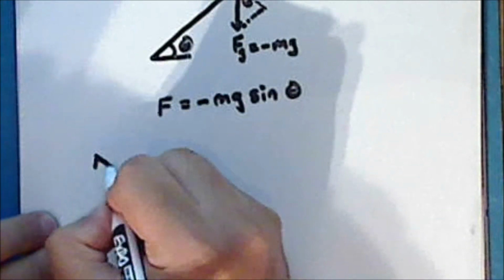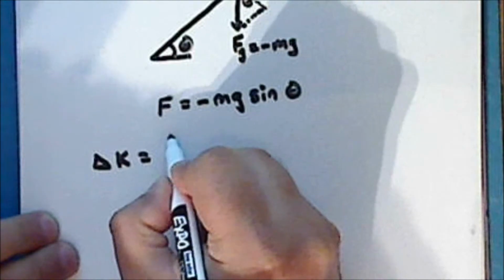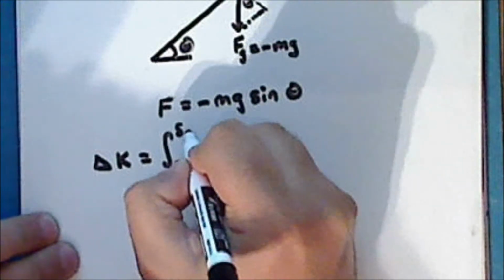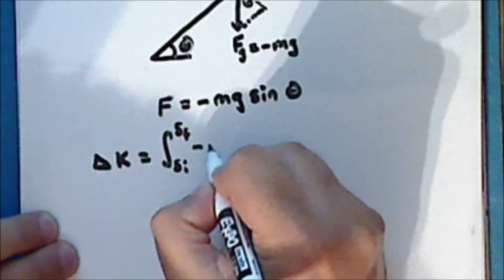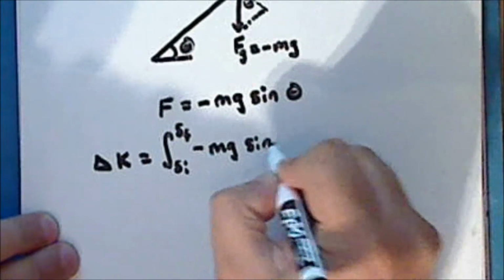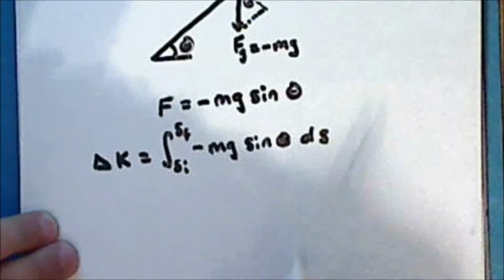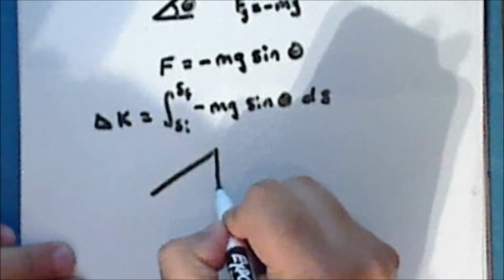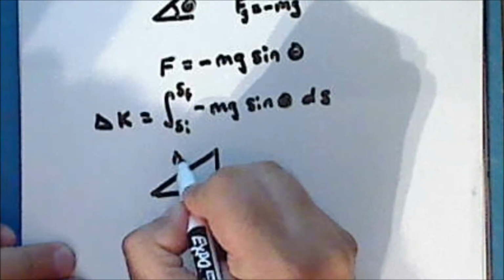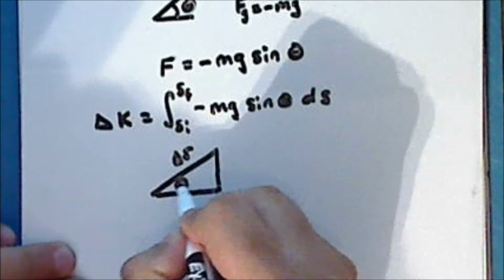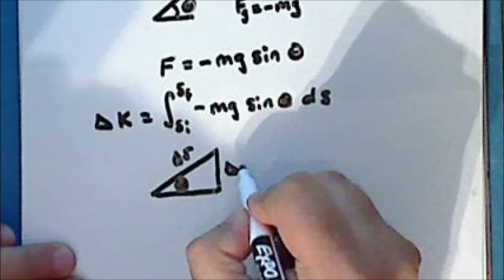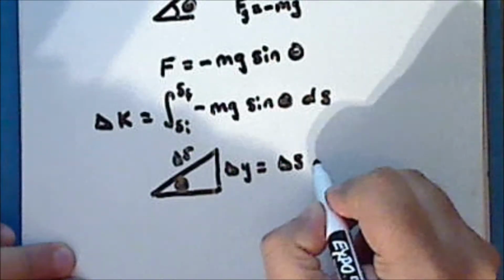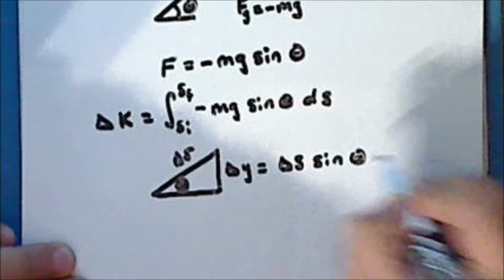And so the change in the kinetic energy is equal to the integral from an initial s position to a final s position of negative mg sine theta ds. Now, for a given change in the s coordinate, we have a corresponding change in the y coordinate, which is equal to the change in the s coordinate times the sine of theta.